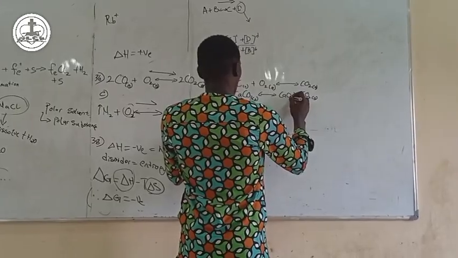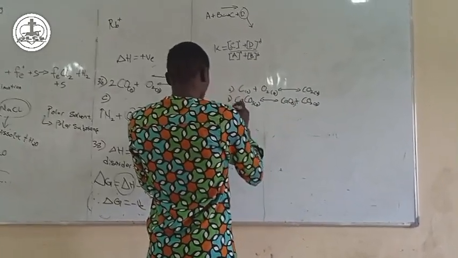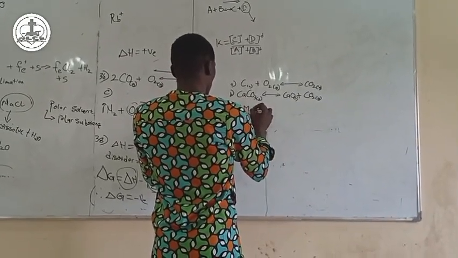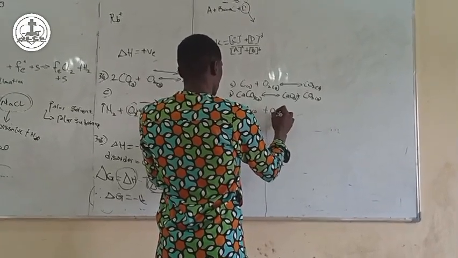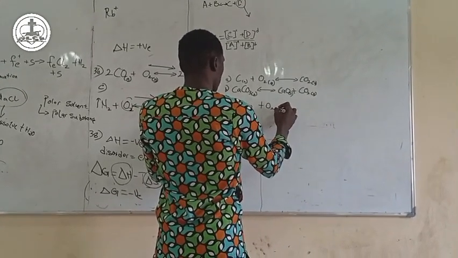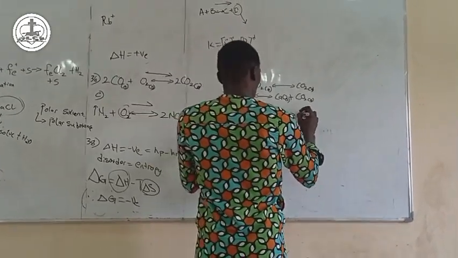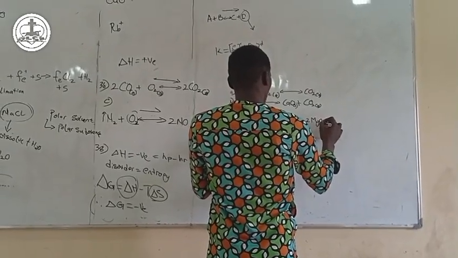This is solid. Then C, we have 2 moles of magnesium with oxygen gas giving magnesium oxide, which is solid.